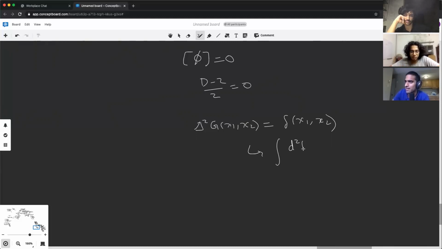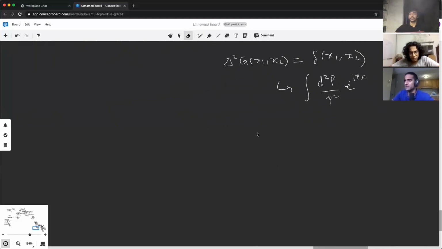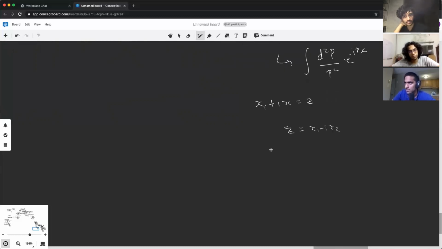You basically have d2p over p squared, e to the minus i p x. So you get the feel that this could end up looking logarithmic. But this is just vague intuition. Doing the whole thing would require a contour integral. We might as well just go to complex coordinates and play with contours there. So I introduce my friends z and z bar.